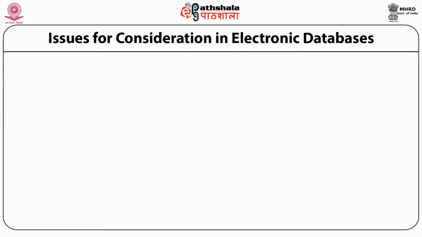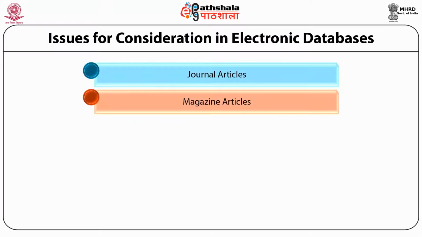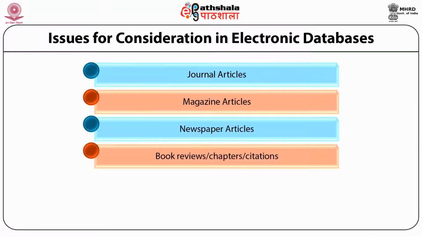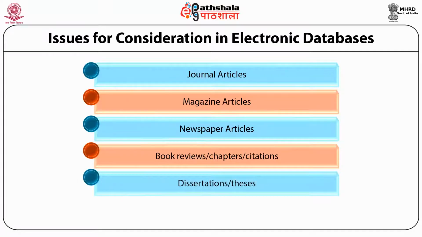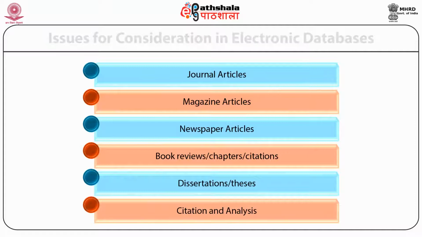Issues for consideration in electronic databases. The databases consist of the following material: journal articles, magazine articles, newspaper articles, book reviews, chapters, citations, dissertations, theses, citation and analysis.